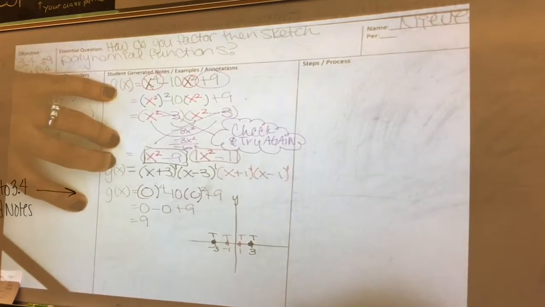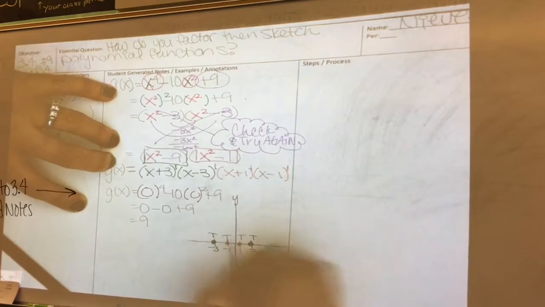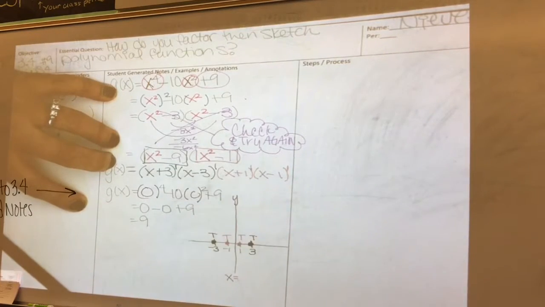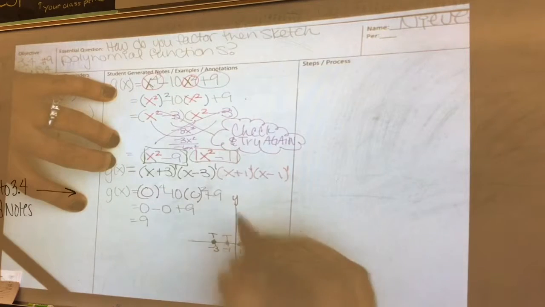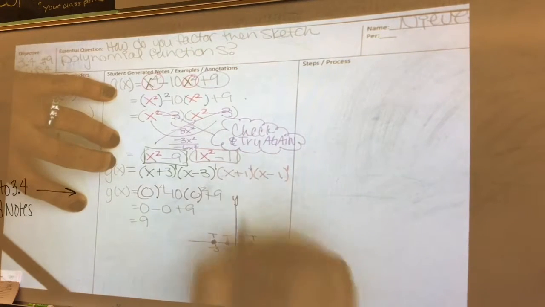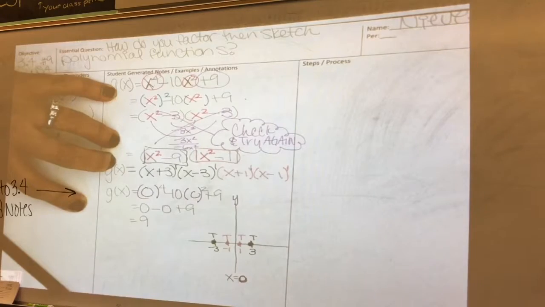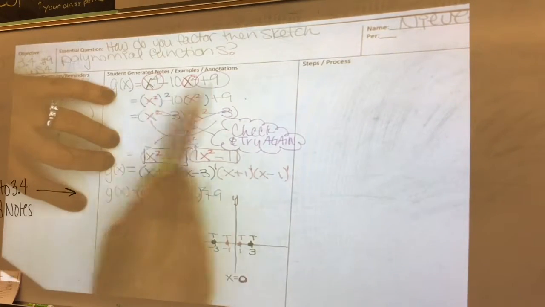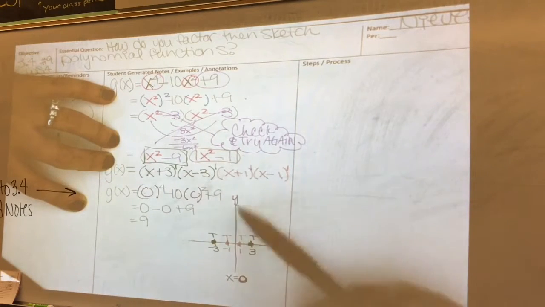But because it's a vertical line, vertical lines are x equals a number, and x equals a number for a vertical line right in this position is what value? 0. So the equation of the y-axis is x is 0. And so I plug in the 0 to figure out when this graph crosses that line.